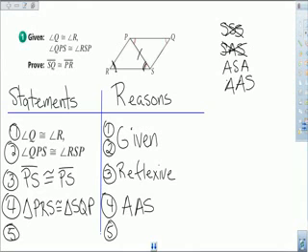I have angle, angle, side, angle, angle, side. Okay? And I'm going to leave you to write the last line.